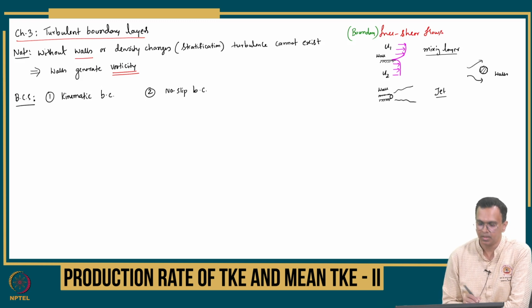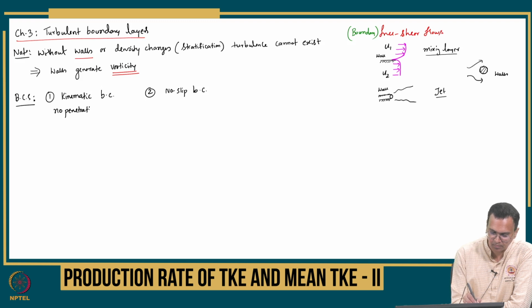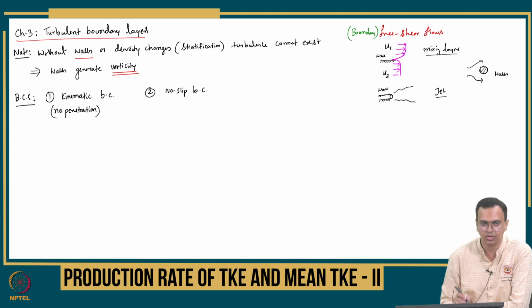The kinematic boundary condition is for the wall normal direction, what we call no penetration, impermeability, that is also a term which is used. No penetration boundary condition. No slip is for the tangential velocity components. So the tangential velocity sticks to the wall. So these two conditions you know.